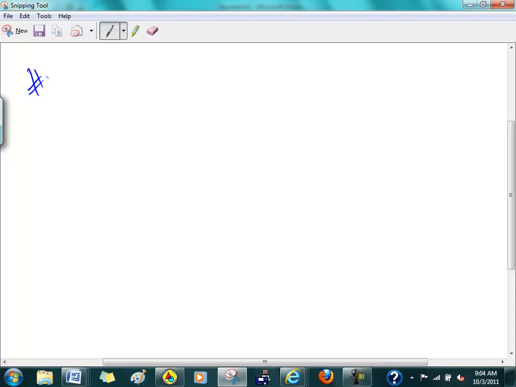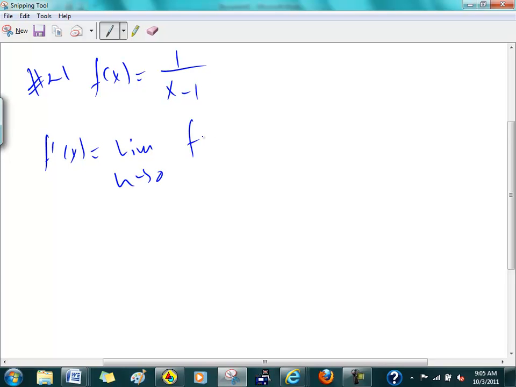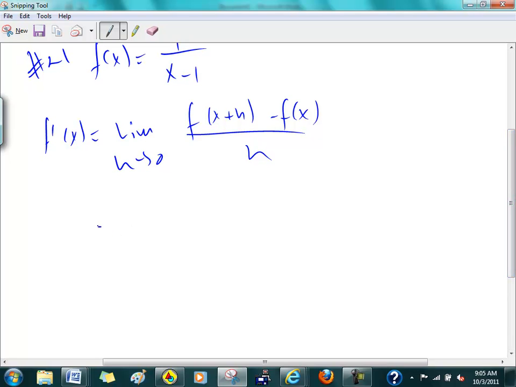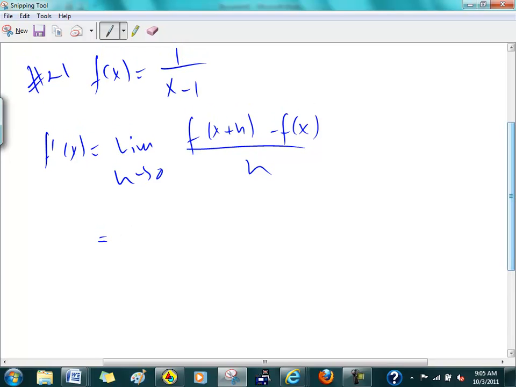So number 21. Okay, this is one with a rational function. Again, start out with f prime of x equals the limit as h goes to 0 of f(x plus h) minus f(x). So always start out with this line. And then it's a question of plug and chug.